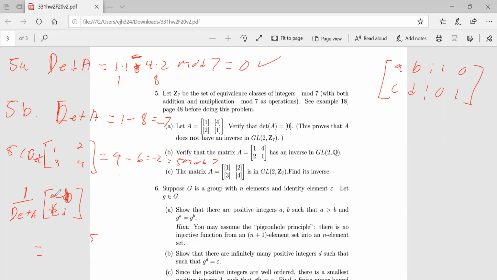And then we keep 1 and 4, right? And then what is -3 mod 7? 4, exactly.